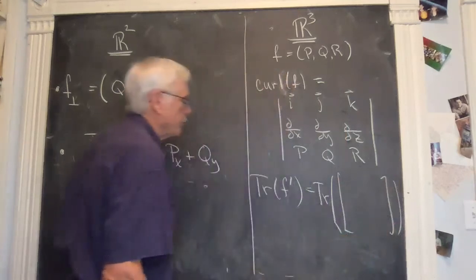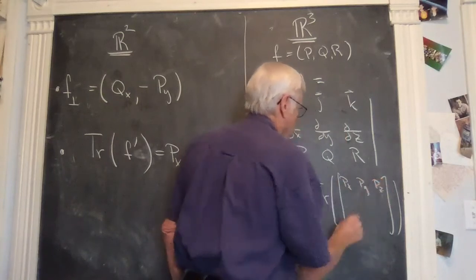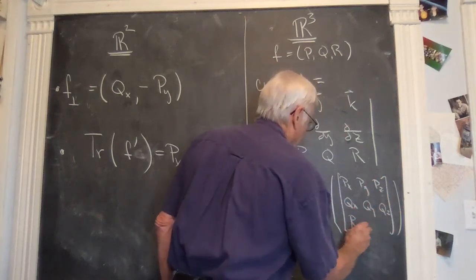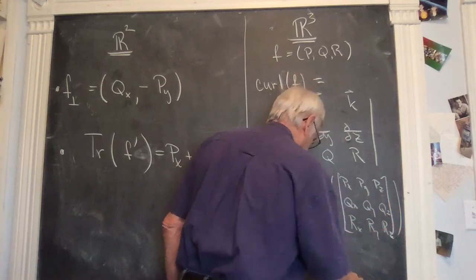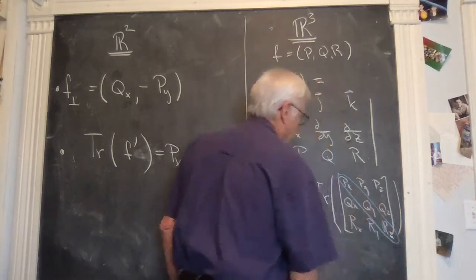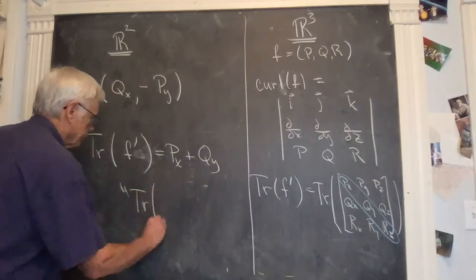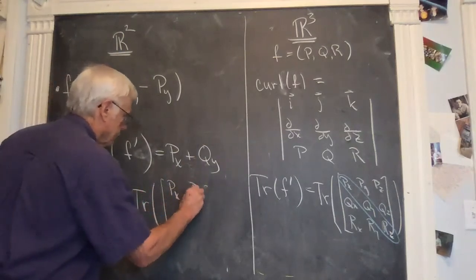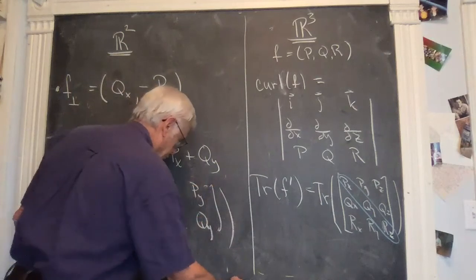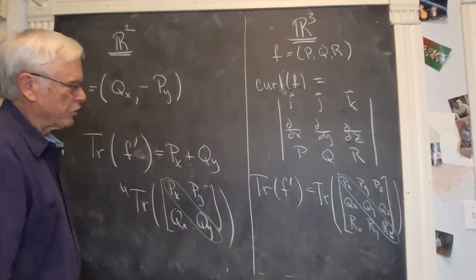It's p sub x, p sub y, p sub z, these partial derivatives, q sub x, q sub y, q sub z, r sub x, r sub y, r sub z. And the trace is the sum of the diagonal elements, just like it was over here. Sum of the diagonal elements is called a trace.